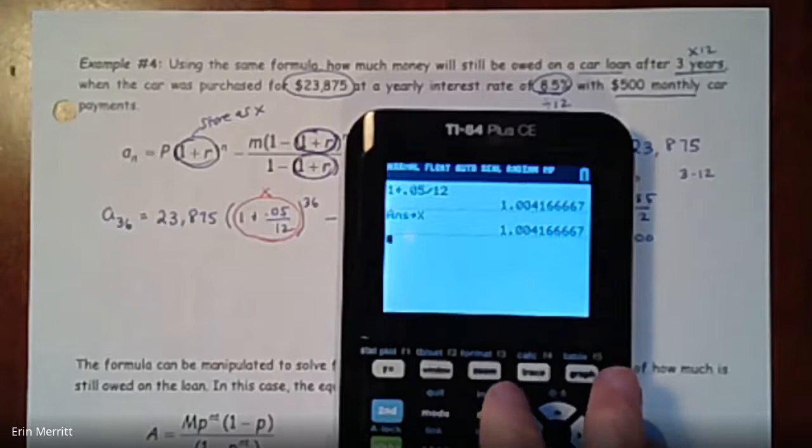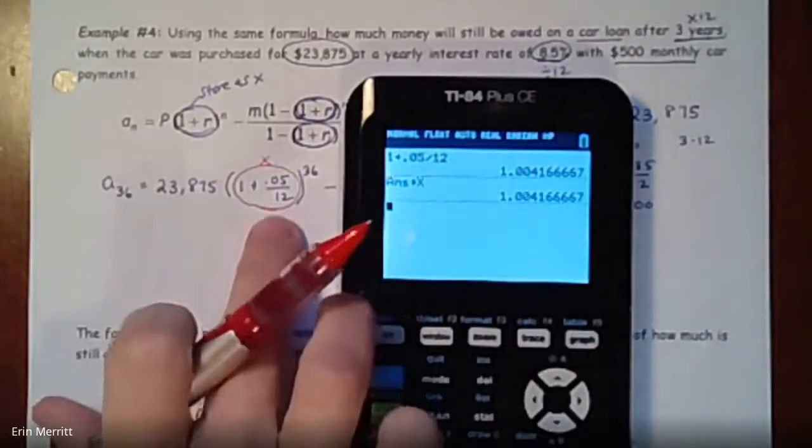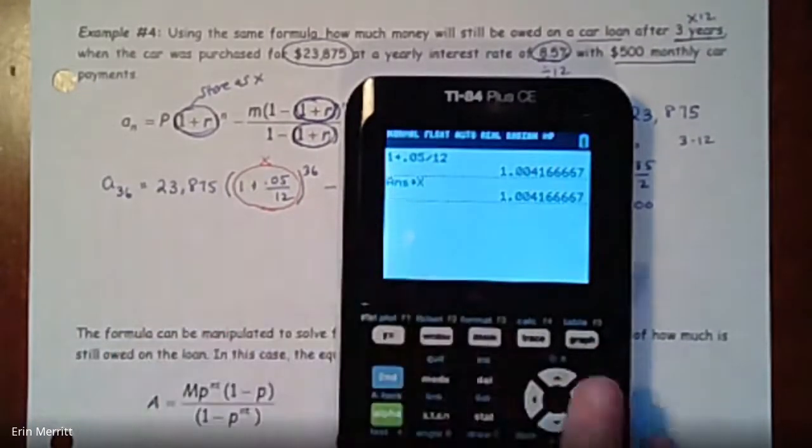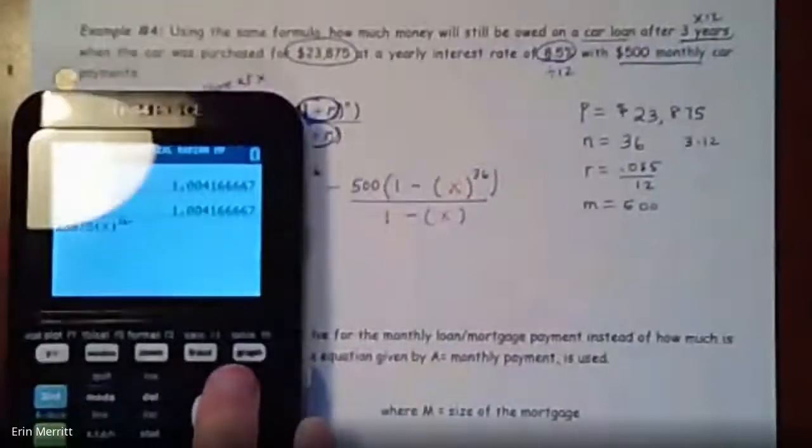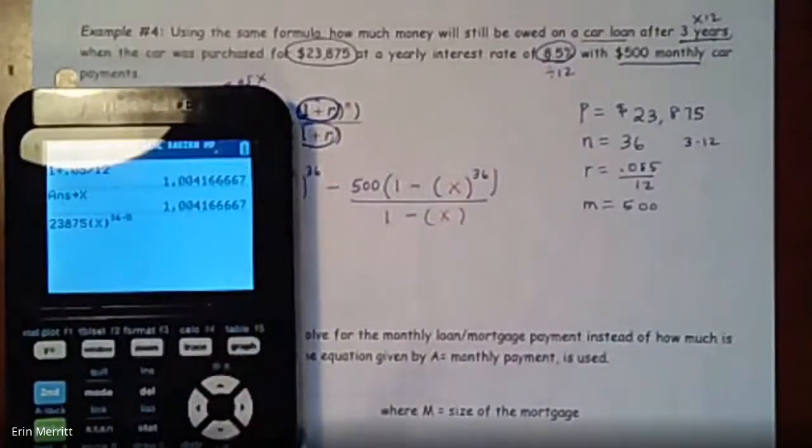Now I can type in everything with the X's. So what that's going to be is 23,875 times X, and then raise that to the 36th power. And then minus, let me move this over so it's out of the way, minus alpha y equals, oops, let me get out of there, minus, and now alpha y equals 500, and then times 1 minus, and then I can put that little x in parentheses or not.